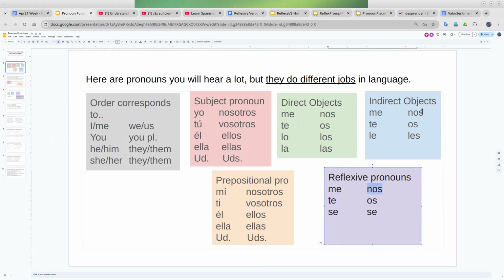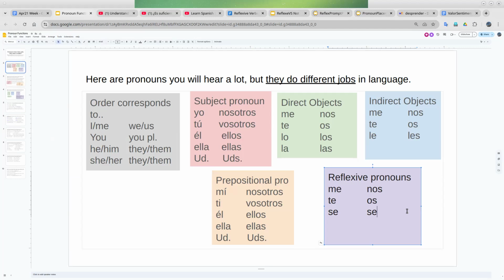They all share those. So essentially, knowing whether an object, a thing that receives or is acted upon by the action, is direct or indirect or reflexive doesn't matter. You don't need to know the distinction, because they all use the same pronouns. So it's not a biggie.